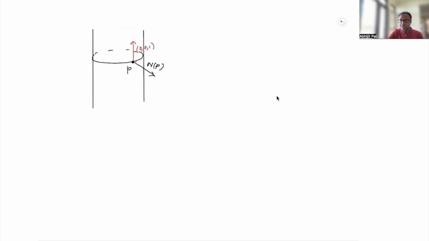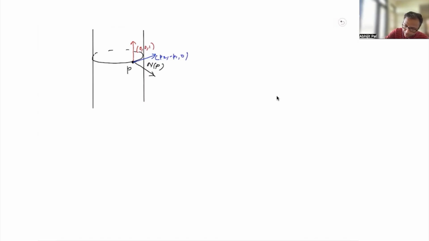One principal direction is parallel to the z-axis, and another one is parallel to the xy plane. So we got these principal directions.